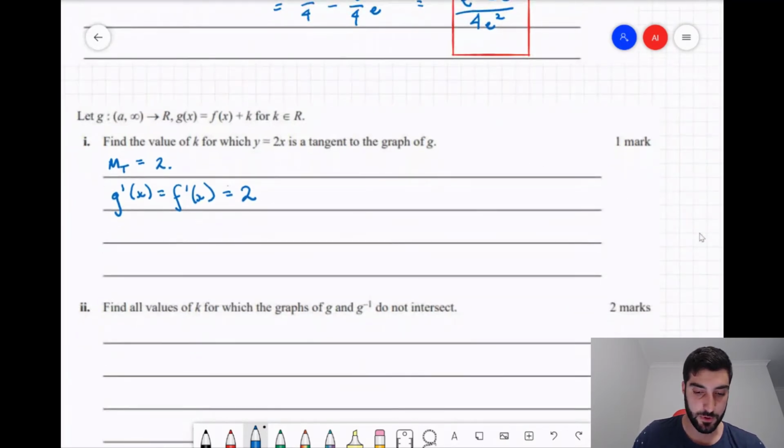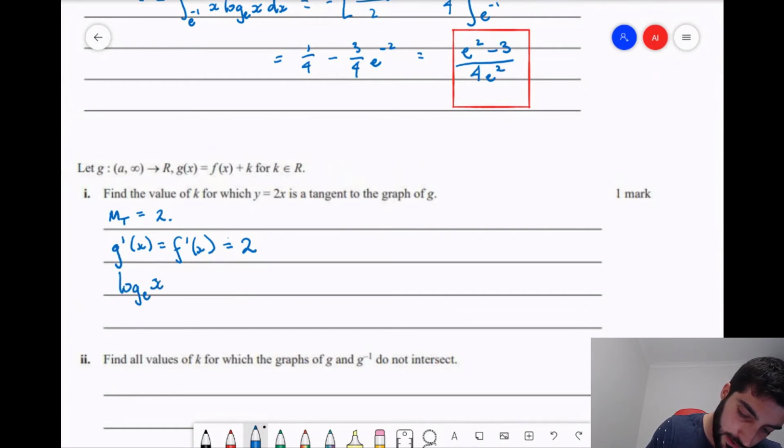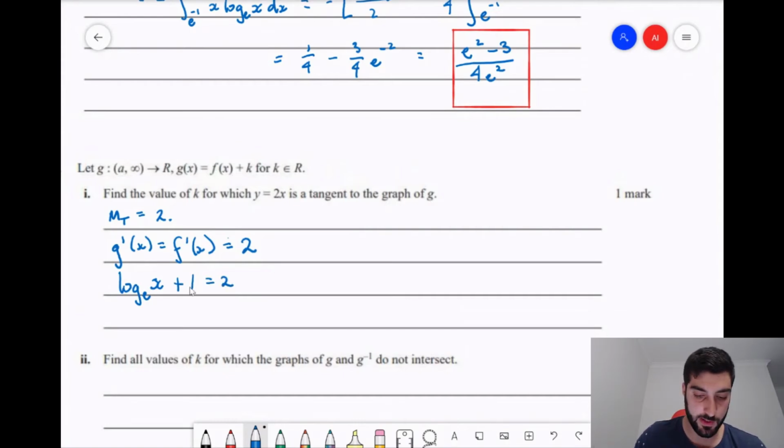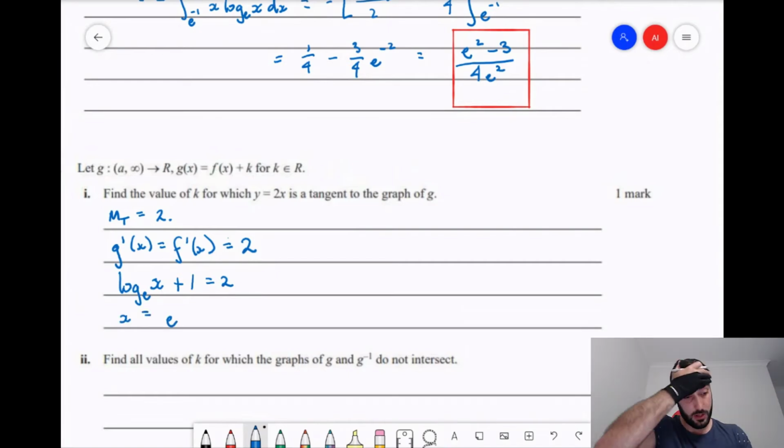Okay, so I think we worked out the derivative earlier in part 1, and we had log e of x plus 1 is equal to 2. So subtracting 1 from both sides and rearranging, we get x is equal to e. I think that's right.